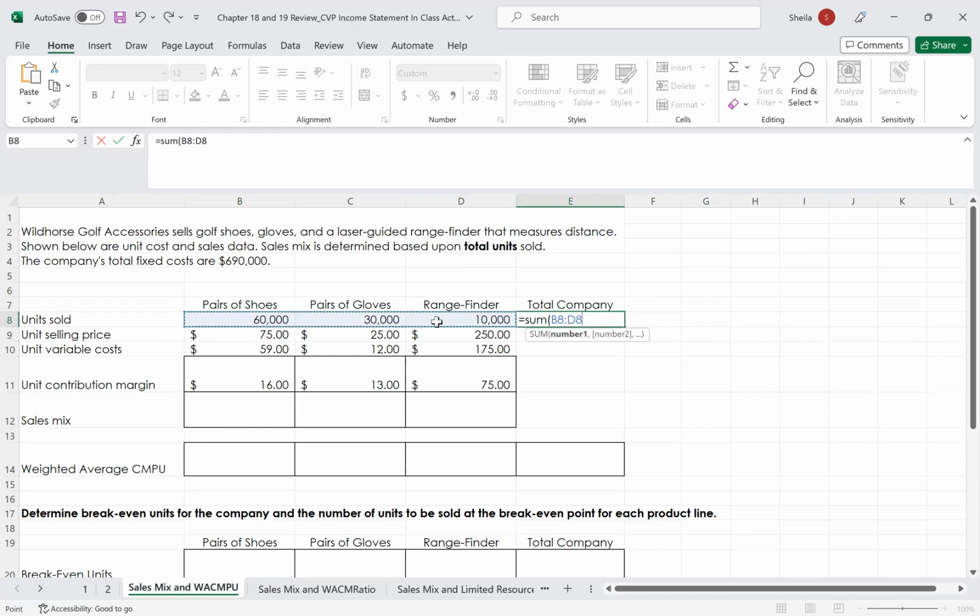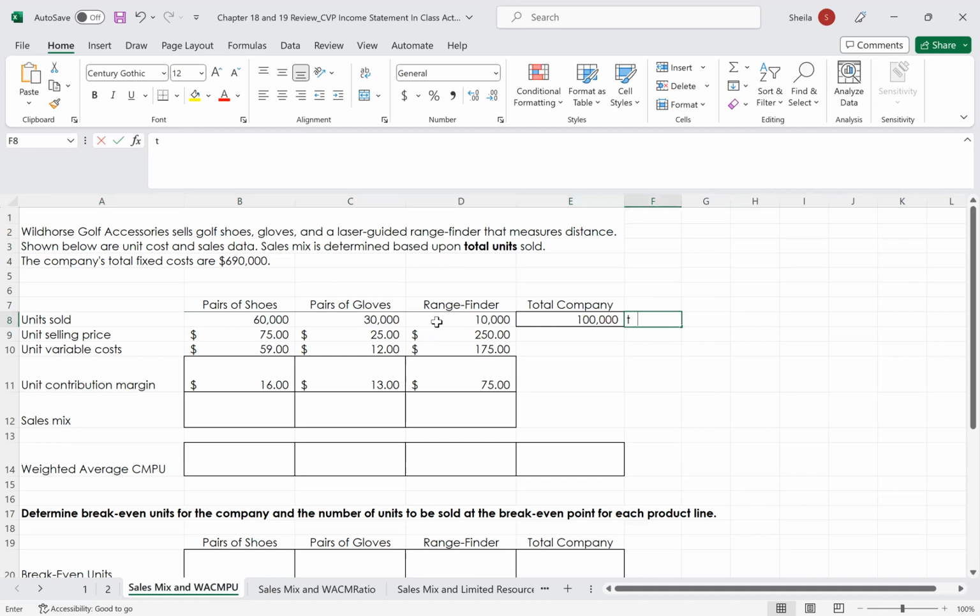So I'm just summing up all of my products here. So I've got 100,000 total units, total company units. Now, feel free to print this out and follow along or also work through this on Excel. But I'm hoping that by doing this in Excel, you can see the numbers a little bit better and you'll have a smooth tracking to see where all these are coming from.